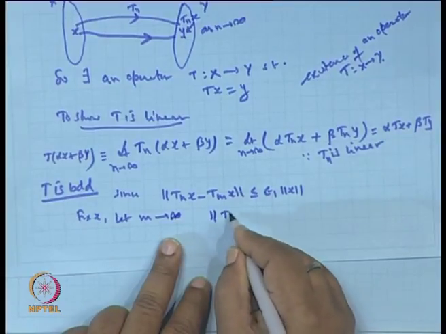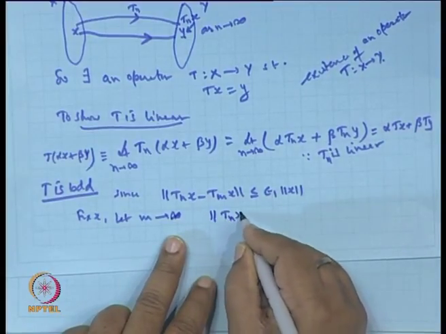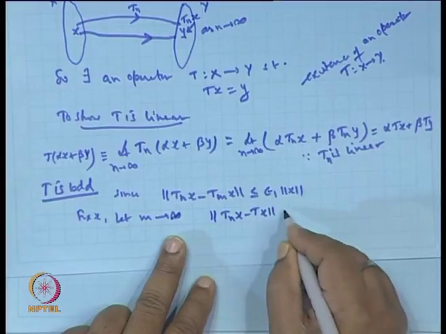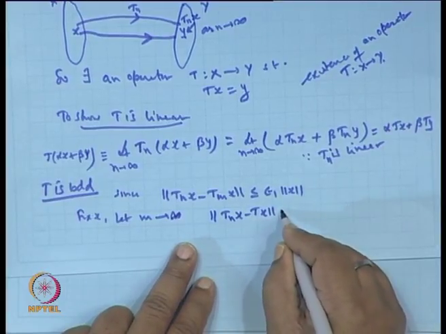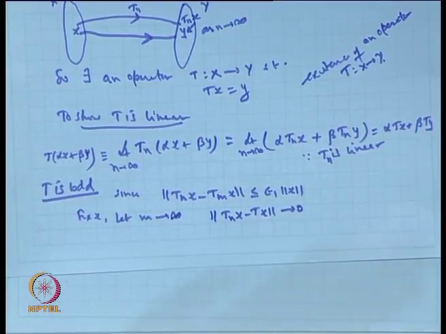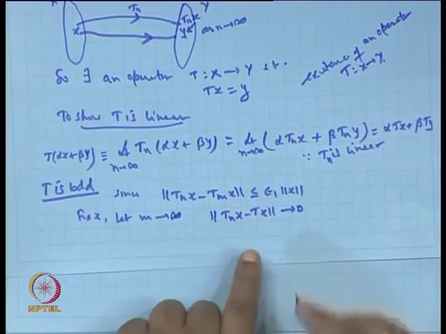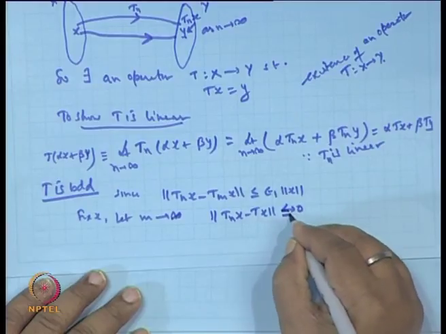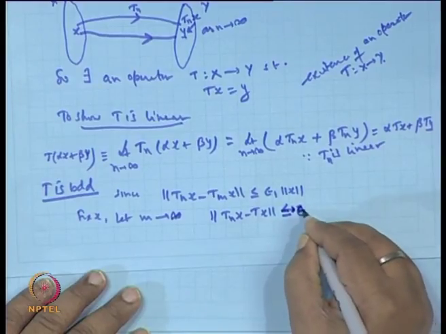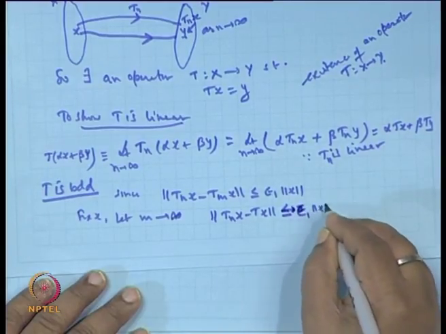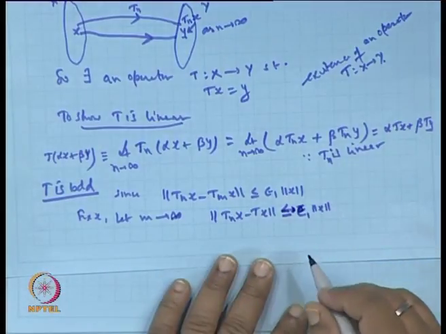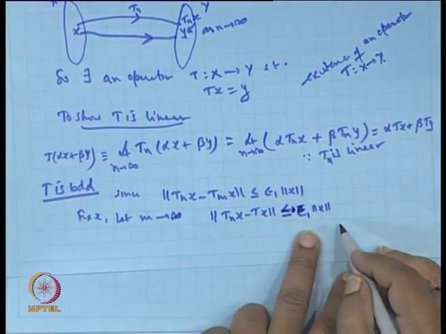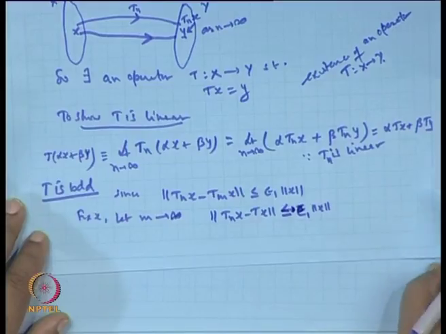Then norm of T n x minus T x is less than or equal to epsilon 1 into norm x. Is it correct or not?